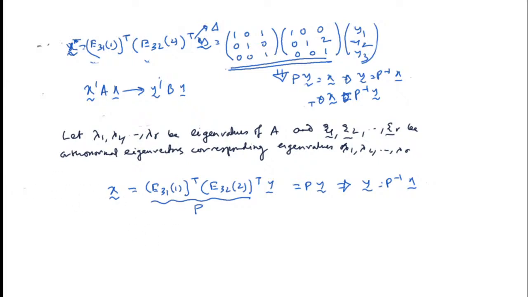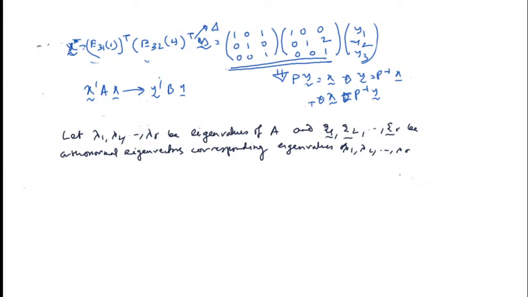Then PAP, we know this thing. Suppose A is not a full rank matrix and rank of A is r, where P is, we know this thing, from spectral decomposition.